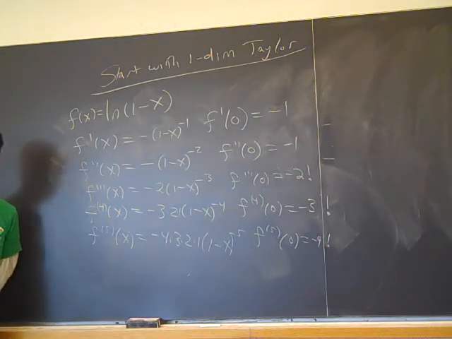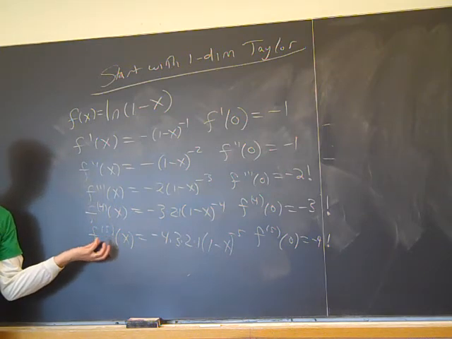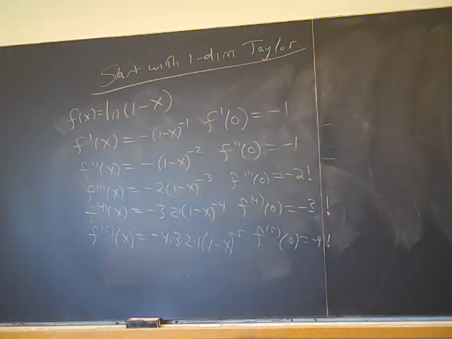And we could keep going. What do you think the nth derivative at 0 is going to be? Not negative n factorial. Negative (n minus 1) factorial. It's shifted by 1 unit.